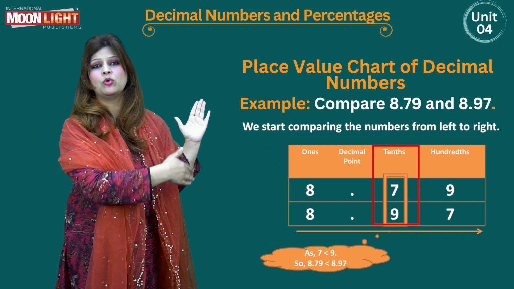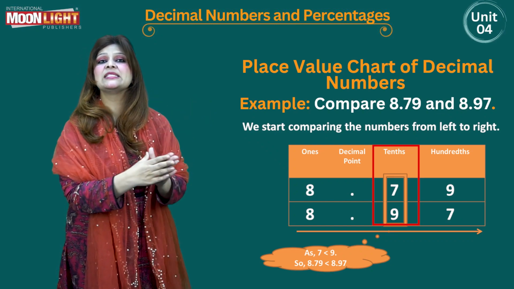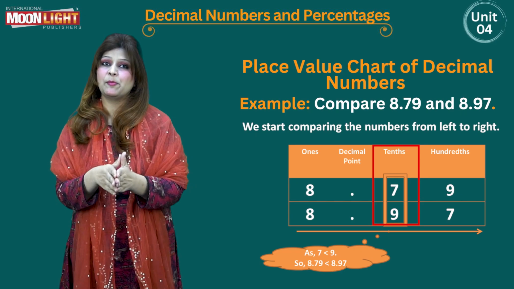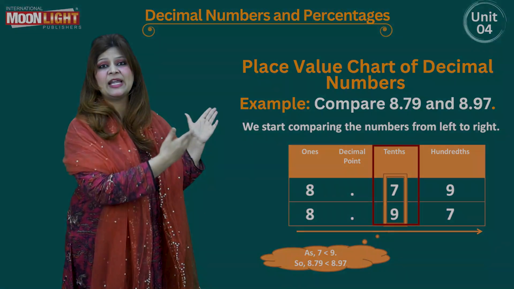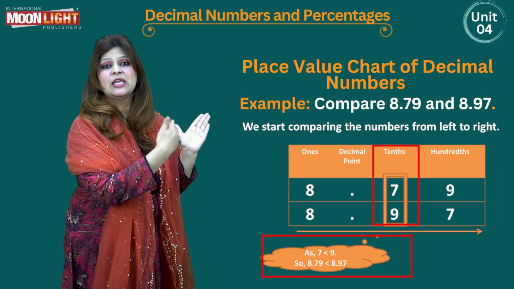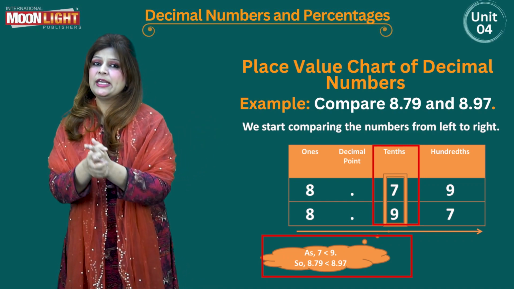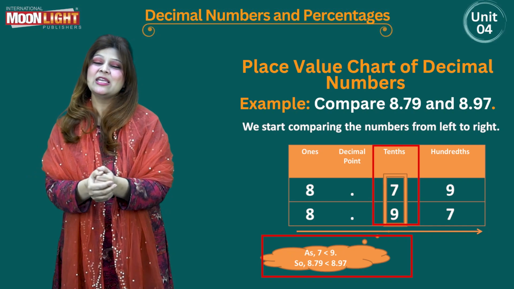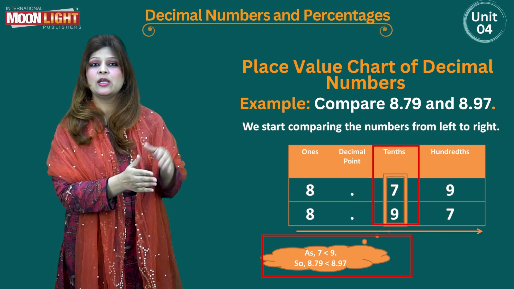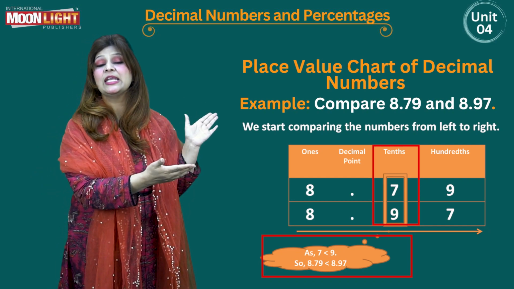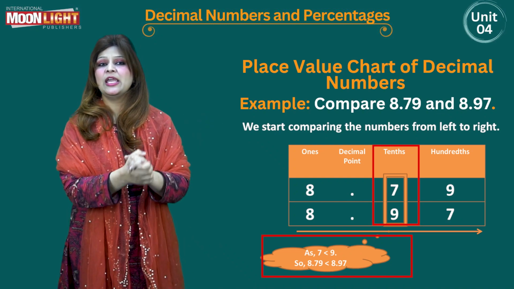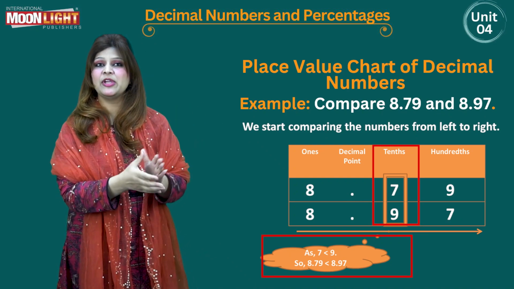You need to compare both of these numbers, and as 7 is less than 9, we can say that 8.79 is less than 8.97.